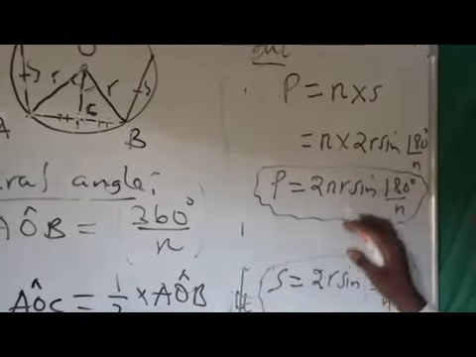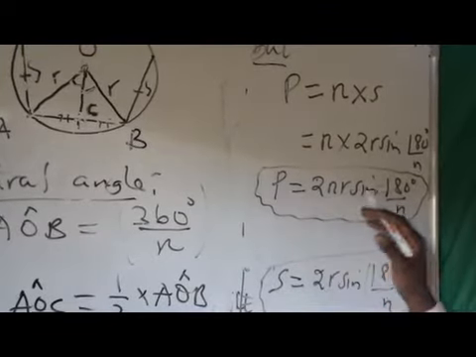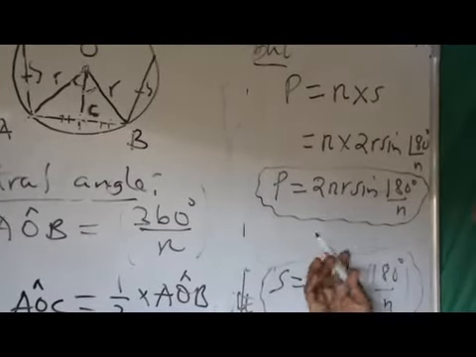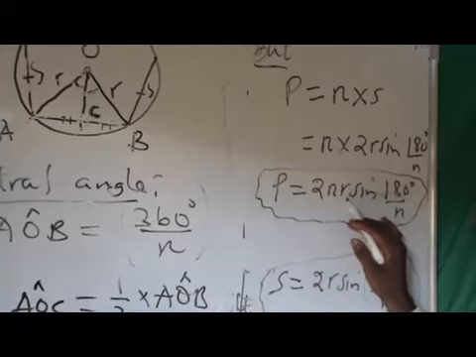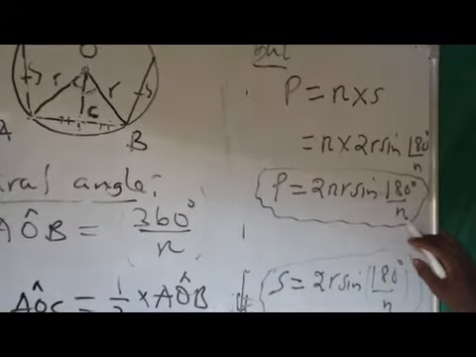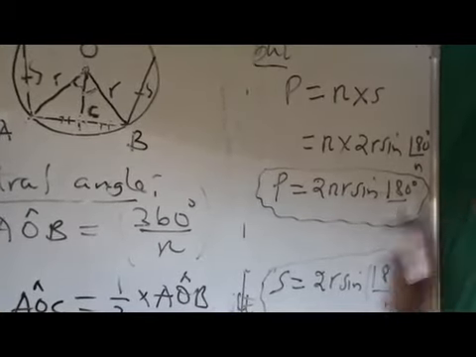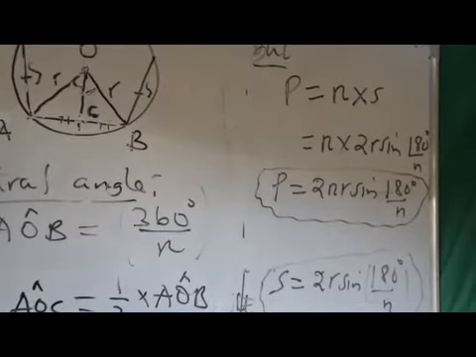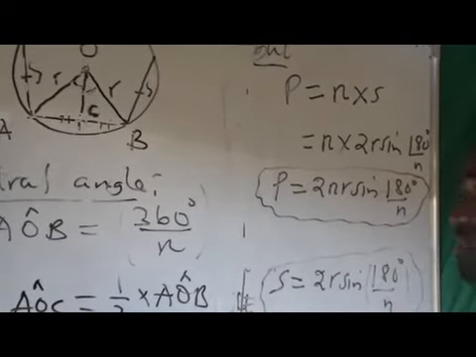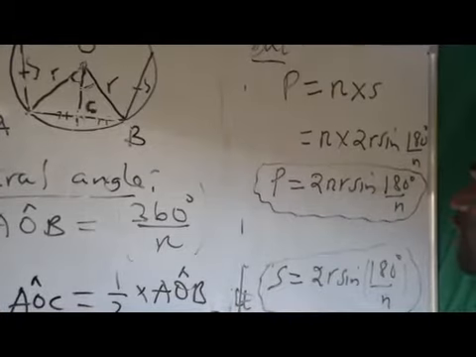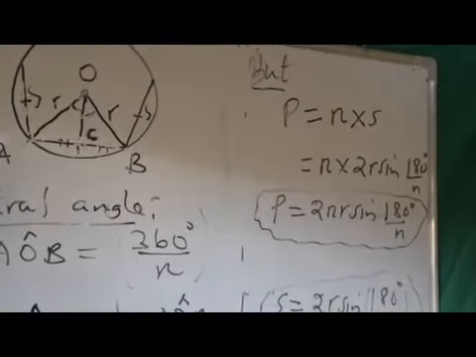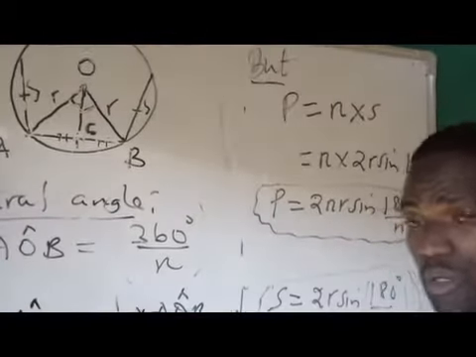You can see the formula depends on two factors. One of the factors is the radius of the circle, and another factor is the number of sides of that regular polygon. So you take this formula, and it's very useful for finding the perimeters of any regular polygon.